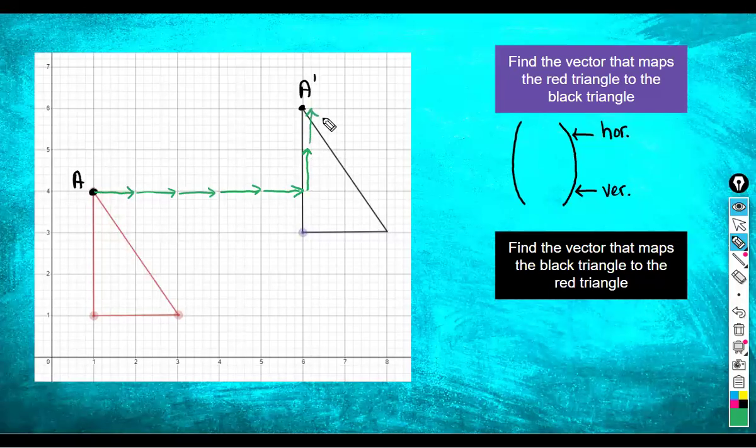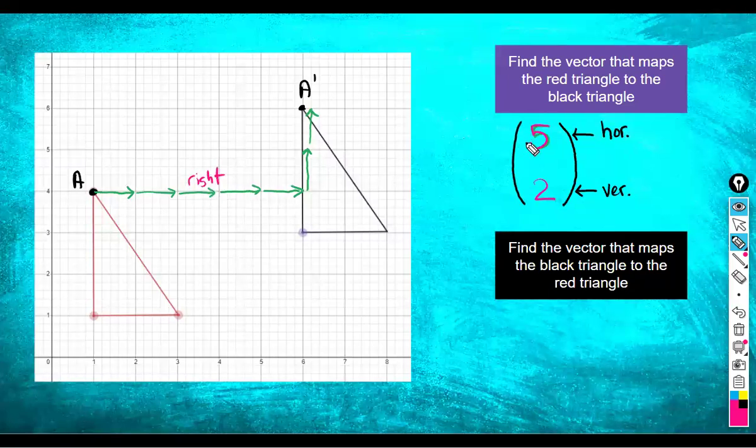So the question is now, look how simple this is going to be. How many points did I move horizontally? I moved 5 points, right? So my top number will be what? 5. And how many points did I move vertically? 2. Now we just have to figure out whether it's positive or negative. The horizontal movement, I move to the right.